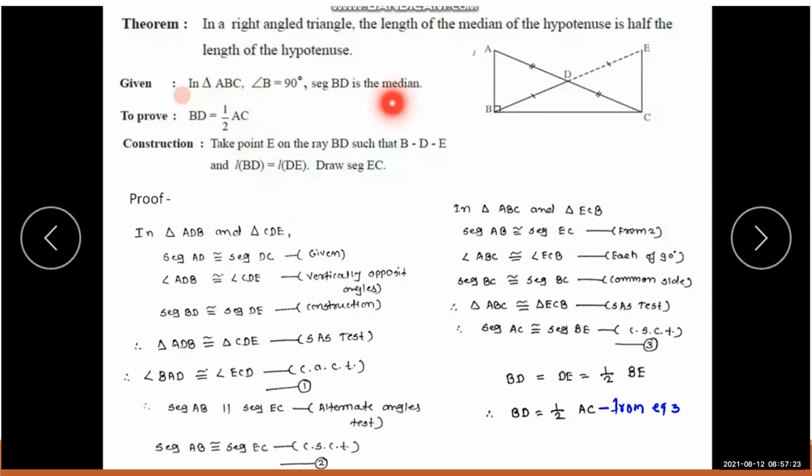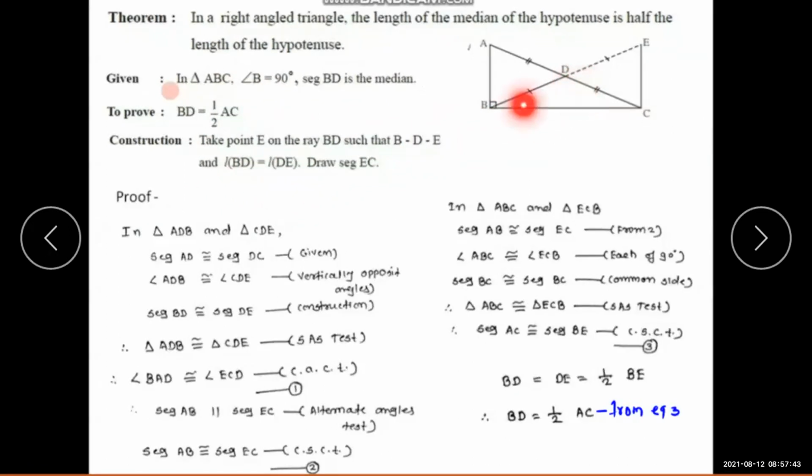Now to prove this, we have to do a little construction. We have to extend segment BD by the same length as BD. That means if BD is 5 centimeter, then the length of DE will also be 5 centimeter.